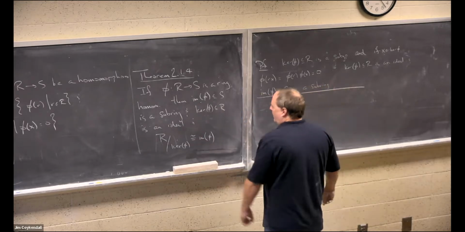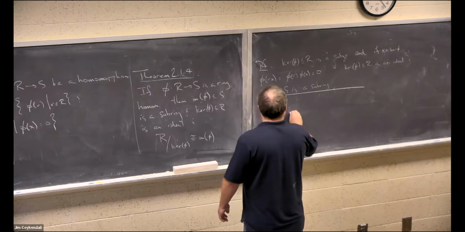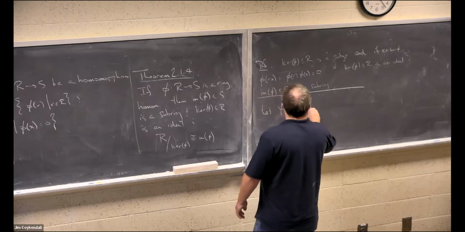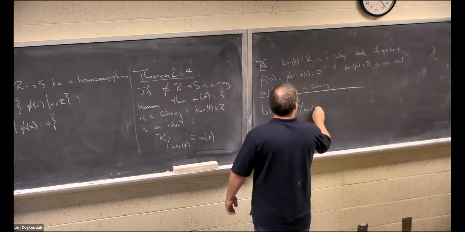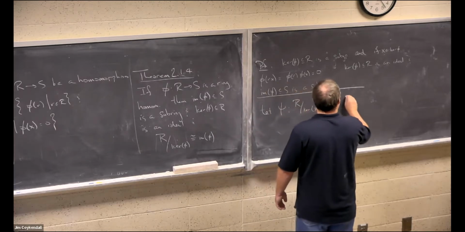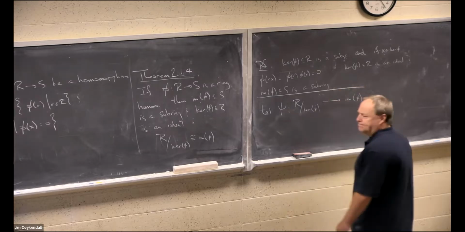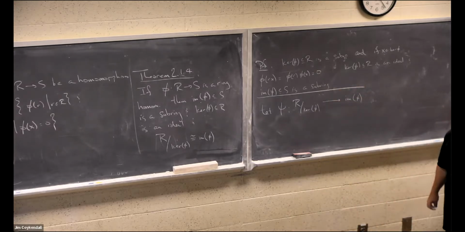So let's do the isomorphism. Let ψ be the map from R mod the kernel of φ to the image of φ.